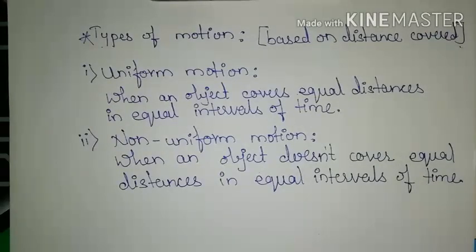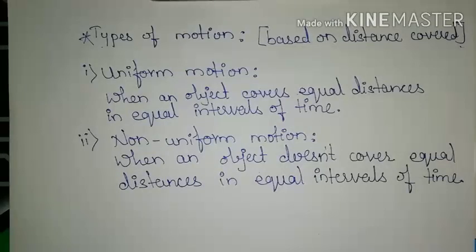Say for example, starting from 0 seconds, in the first 10 seconds the object covers 10 meters. In the next 10 seconds it covers 5 meters. In the next 10 seconds it covers 15 meters. This kind of disparity, or non-equal distances covered in equal intervals of time, is known as non-uniform motion.